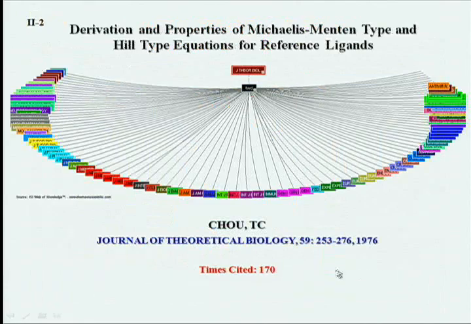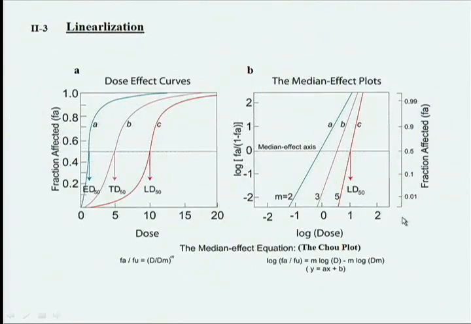This is the citation of the theoretical paper. It's cited in 170 different papers. Okay, the median effect equation, as I said, can linearize dose effect curves. Some are very sigmoidal, some are more hyperbolic. All become a straight line with the median effect plot.